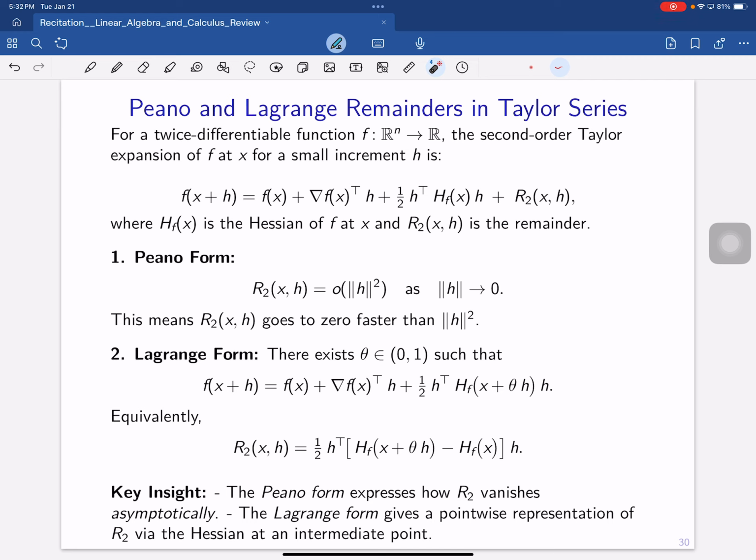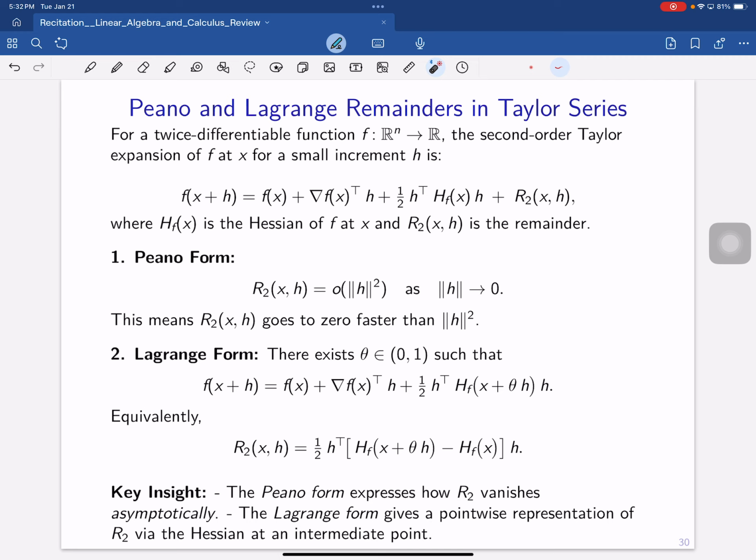So that means this order is smaller than h to the power of 2. In other words, as h goes to 0, the remainder will go to 0 faster than h squared, okay? Because you already have a square term here, the remainder term will go to 0 faster than h squared. That's the intuition of this Peano form, okay?